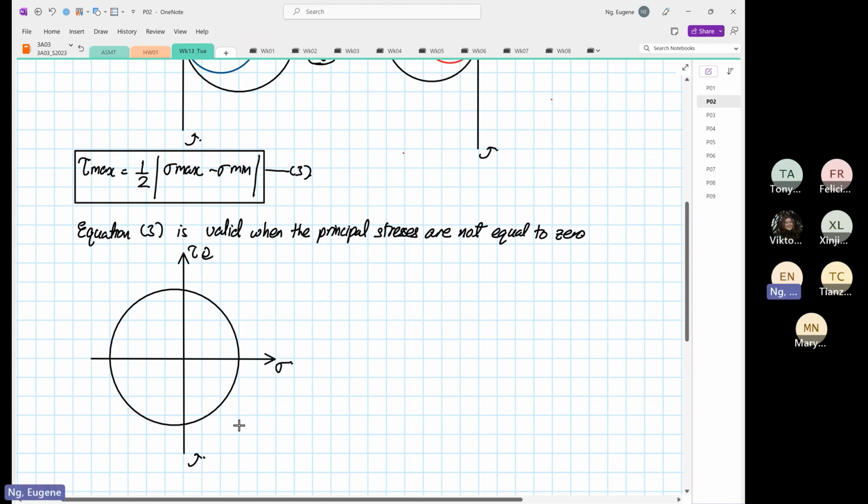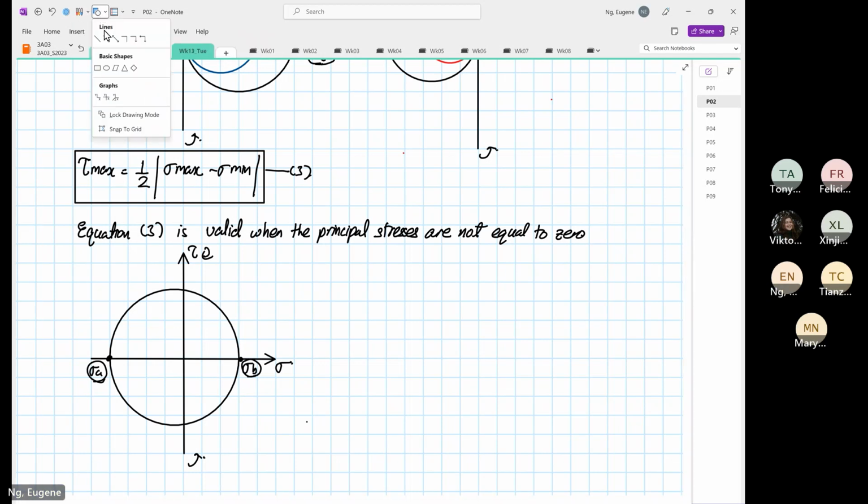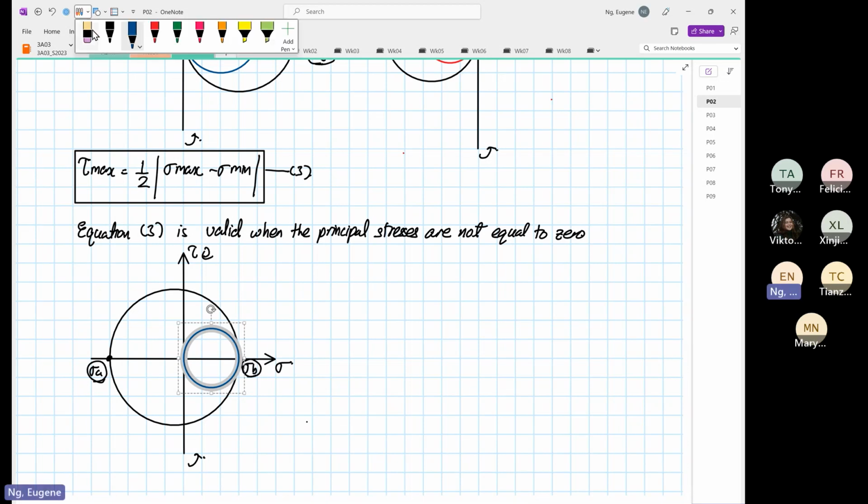This is your stress A, and then this is your stress B. And again, the other two planes, the circles are within. So this is one circle, and then we have another one.